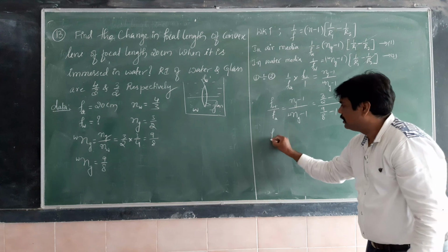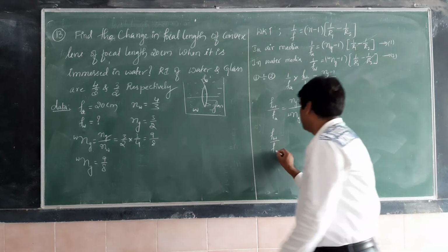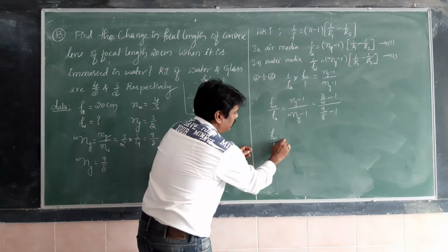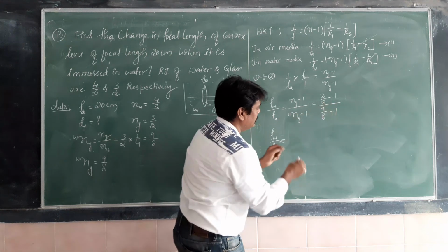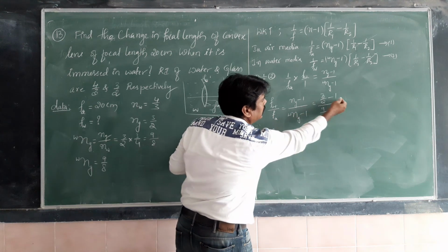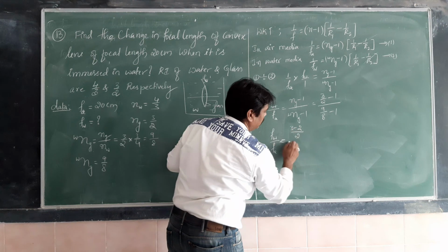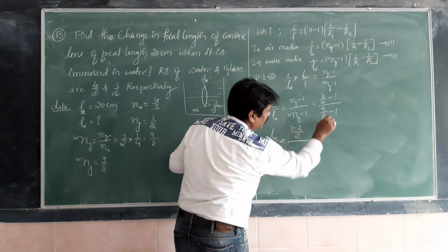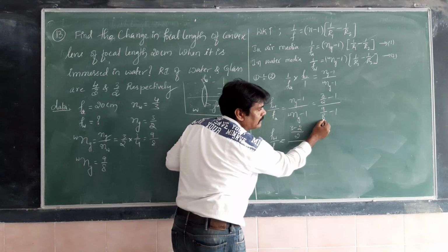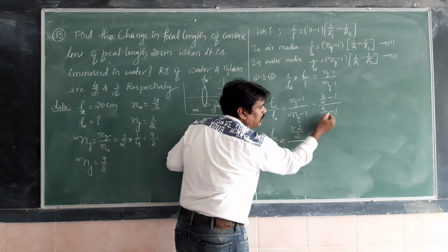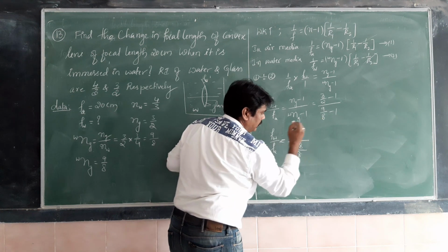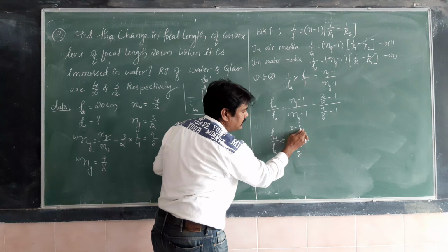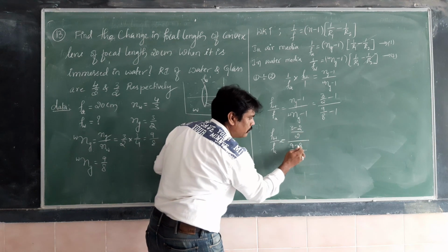You simplify this. Fw by Fa is equal to what? In the numerator 2 is the LCM, so it becomes 3 minus 2. In the denominator, 8 is the LCM, so it becomes 9 minus 8. 3 minus 2 is 1, so 1 by 2. 9 minus 8 is 1, so 1 by 8.